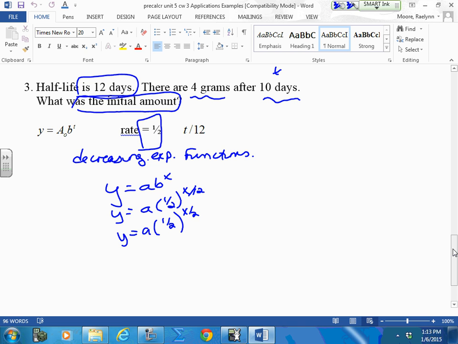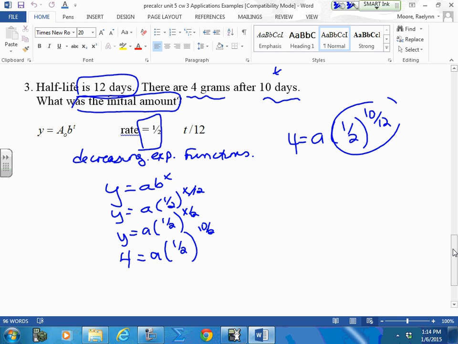This is what's left. Where does that go? Y. 4 equals A times 1/2 to the X, which is 10 over 12. Now, remember, this exponent only goes to this.